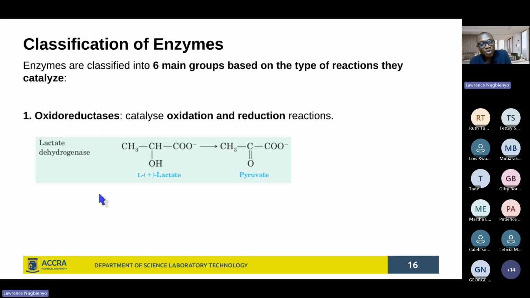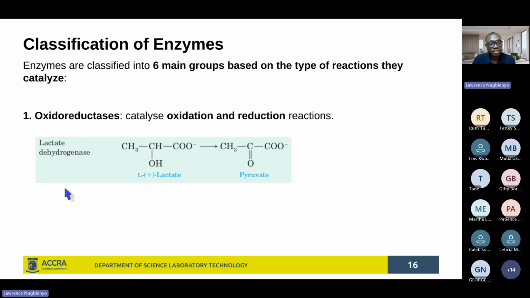Right. From nomenclature, let's move on to some classification of enzymes. Now we'll take a look at 6 major groups of enzymes. The first group we refer to as oxidoreductases.